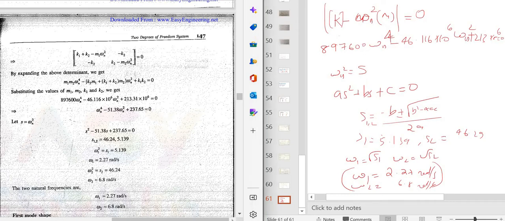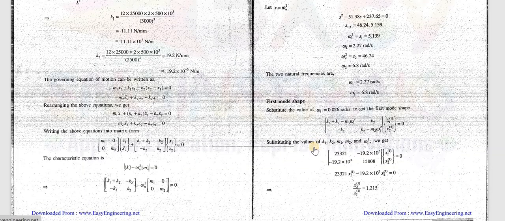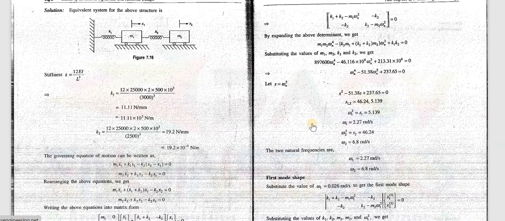Here you can see omega 1 and omega 2 I got. Now I need to find the mode shape. Mode shape means I need to find out x1 and x2. Now this is my matrix, K1 into K2, this matrix into x1, x2 is equal to 0.